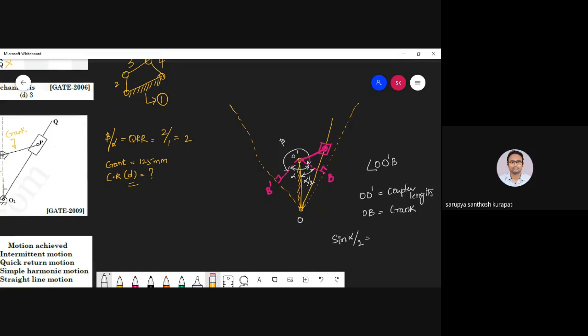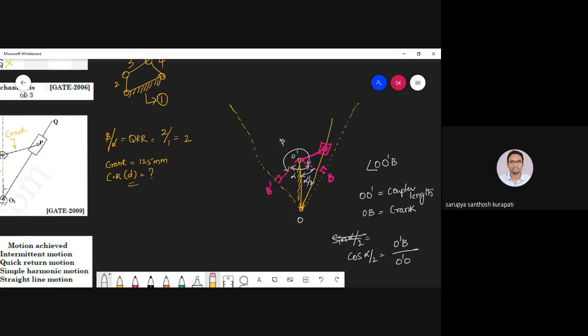OB you don't know, right? O dash B you need. So cos alpha by 2 is equal to O dash B divided by O dash O. Can I write it like this?